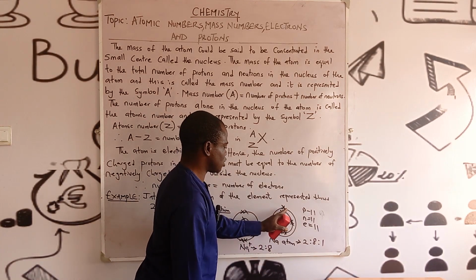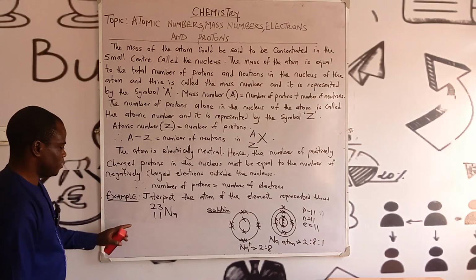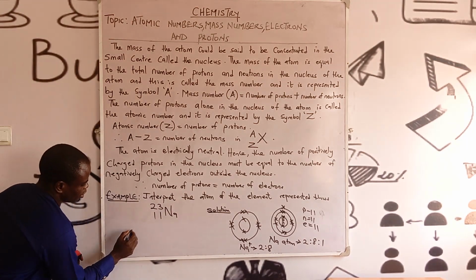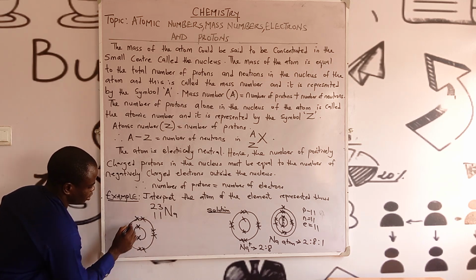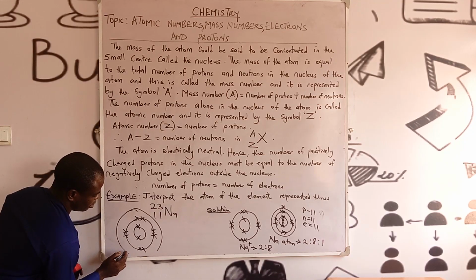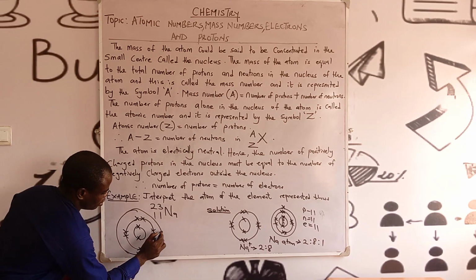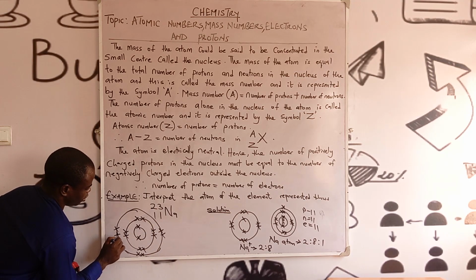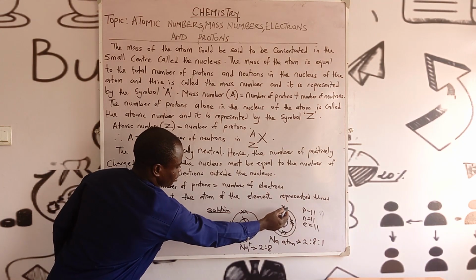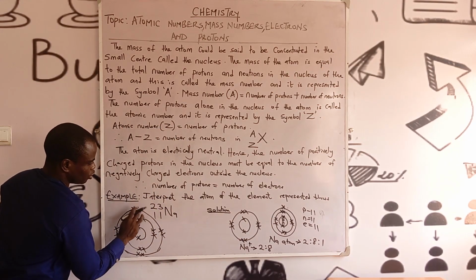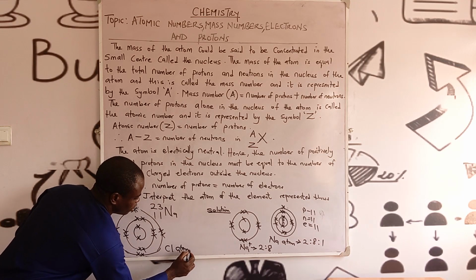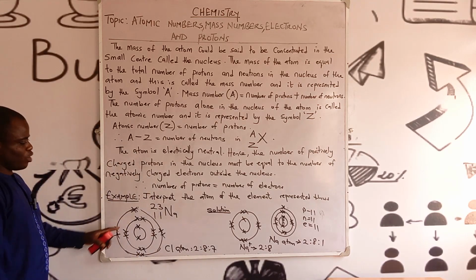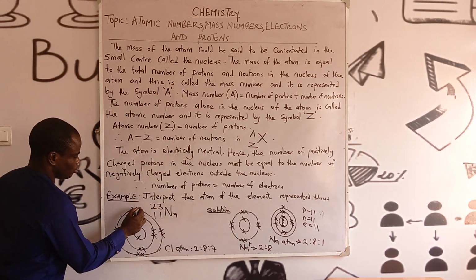So it gives this one outermost electron to an electronegative element, for example chlorine, which is 2, 8, 7. This one electron here will be joined to the chlorine atom, which is 2, 8, 7.